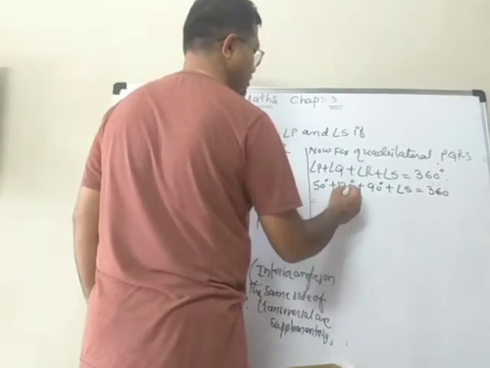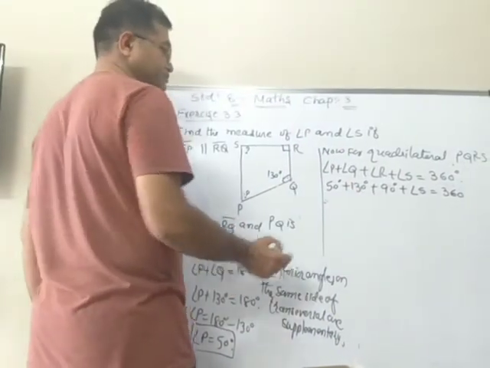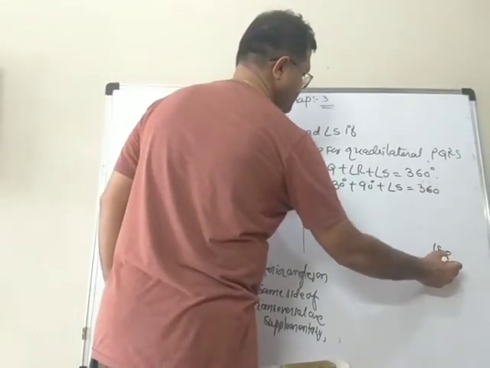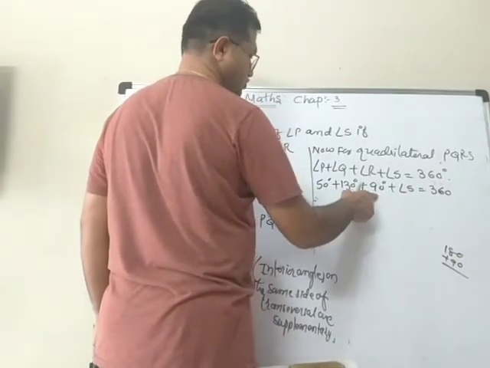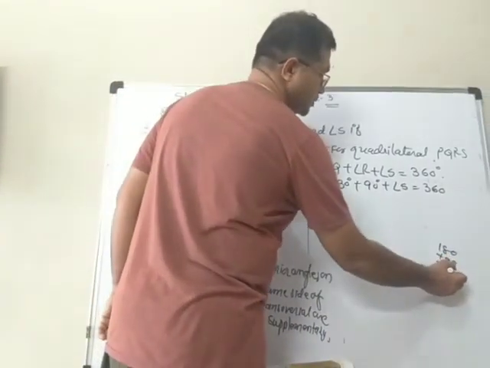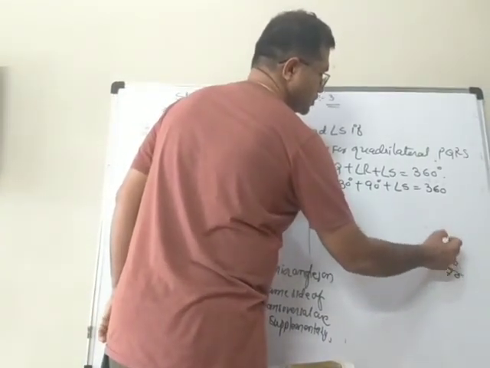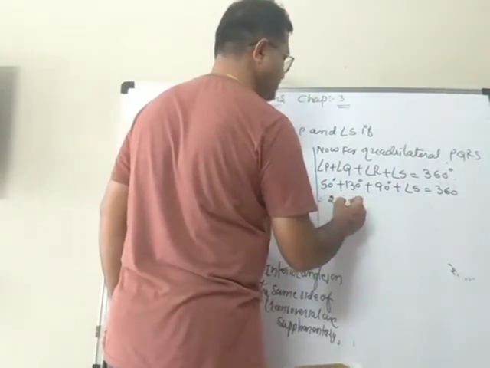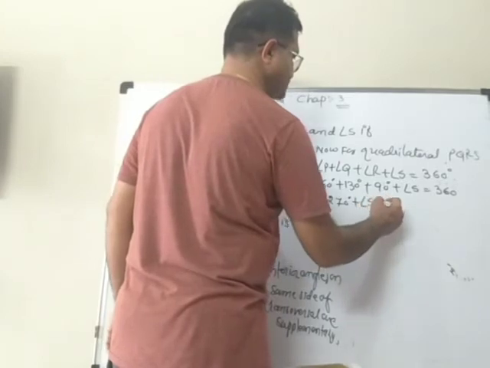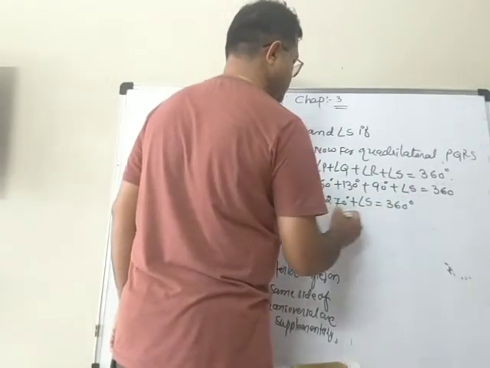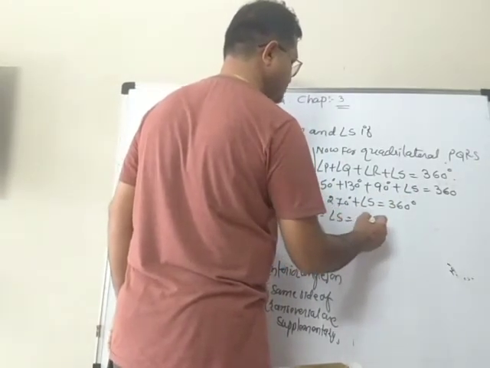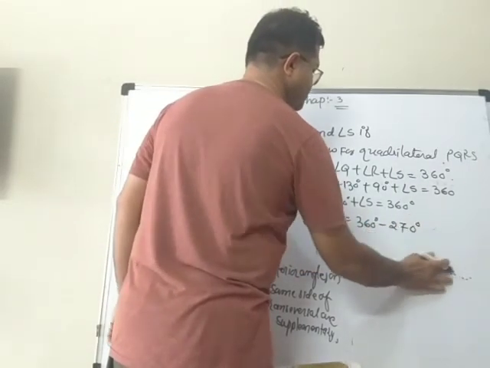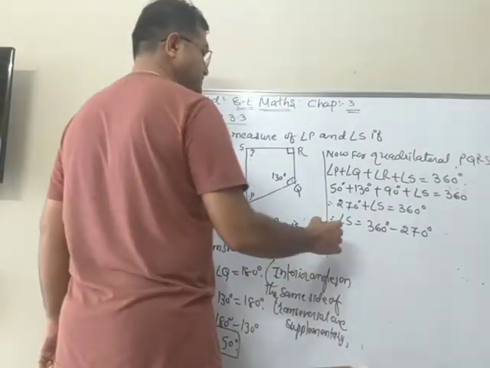Therefore, 50 plus 130 is 180. 180 plus 90, because there is 90 also, is equal to 270. So 270 degree plus angle S. So angle S is equal to 360 degree minus 270 degrees.